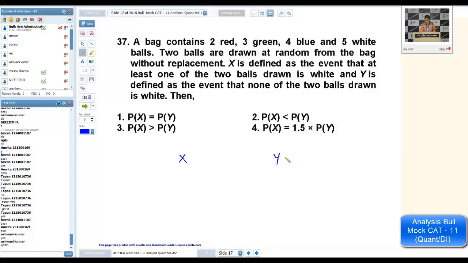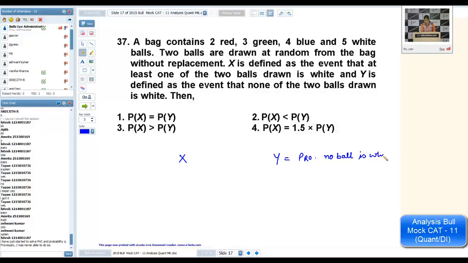First of all, I'm finding y. Y is what? Probability of no ball is white. You are selecting how many balls? 2. So I'm writing the probability of y. Again I'm using the same formula, number of favorable cases divided by number of total cases.